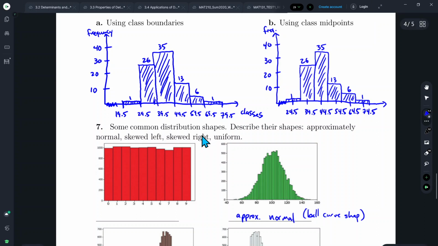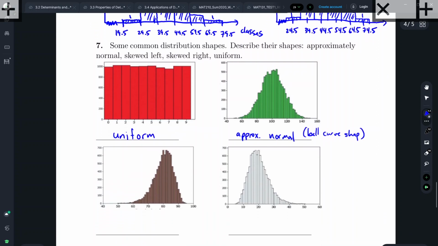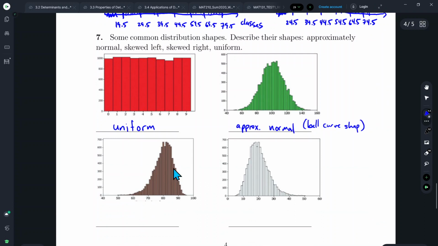So that's approximately normal. Uniform is when all the frequencies are about the same, so that it's flat, right? So this one would be considered the uniform shape. And in the two diagrams on the bottom here, you can see that it's not symmetrical, and the shape seems to have a tail on one side. So here this has the tail on the left, and this diagram has a tail on the right.